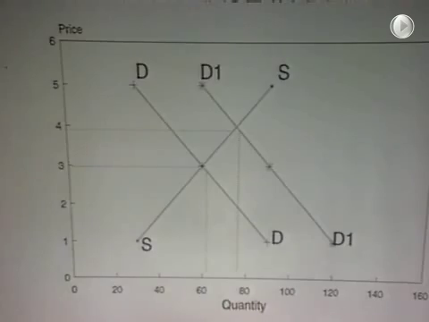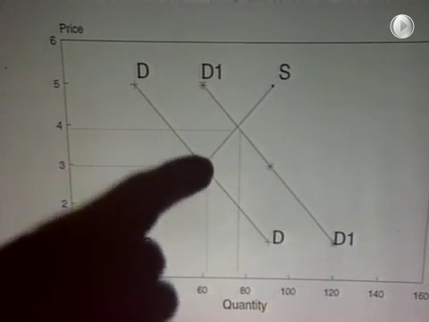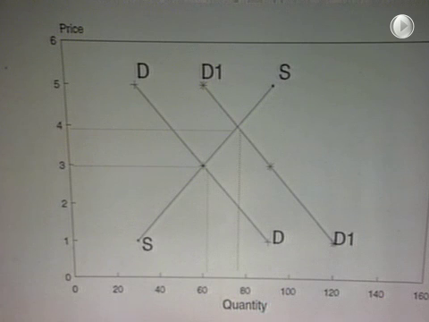As we've already seen, that involves a shift of the demand curve to the right. What happens is we move from our initial equilibrium point to a new equilibrium point, a new market clearing price and quantity.